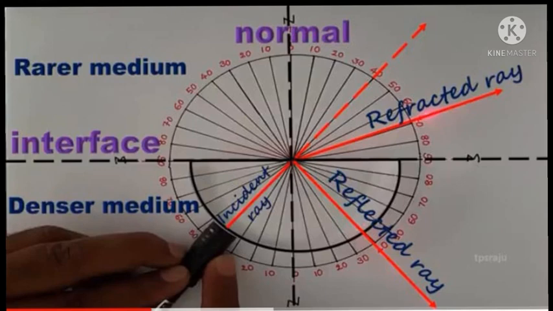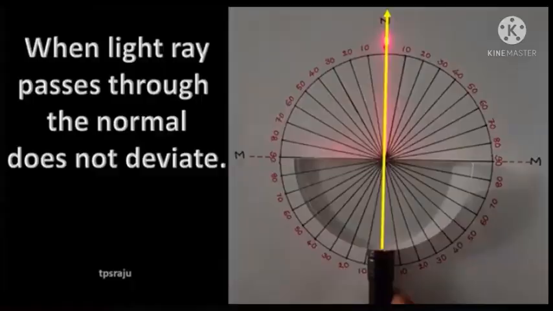At the same time, some part of light is reflected into the glass slab. When a light ray passes through the normal, it does not deviate.